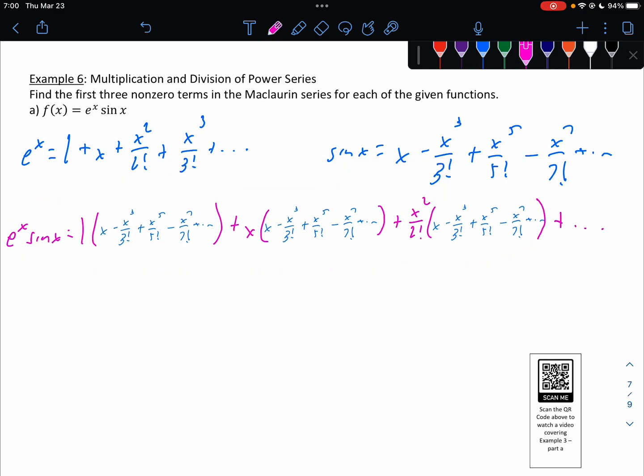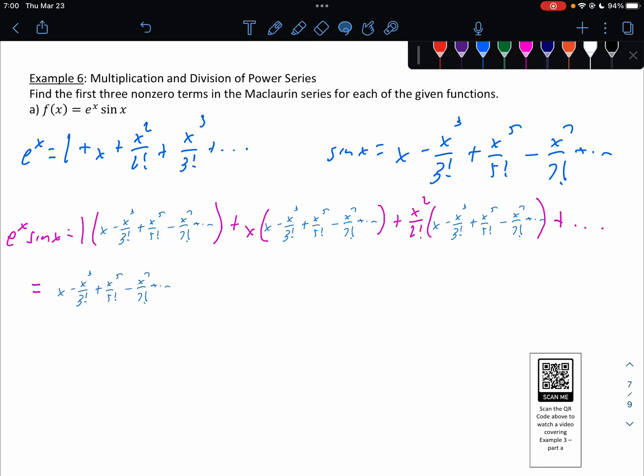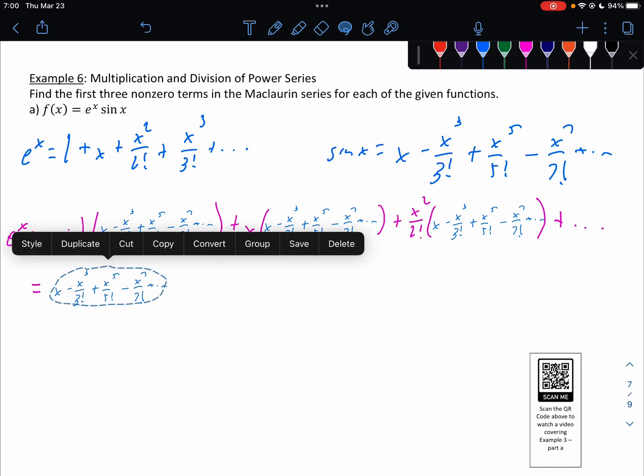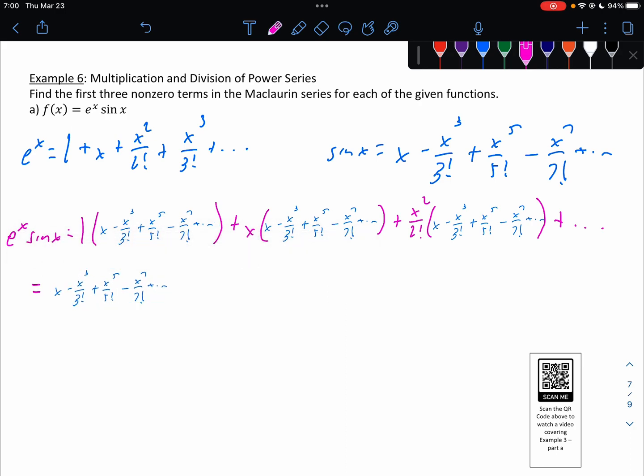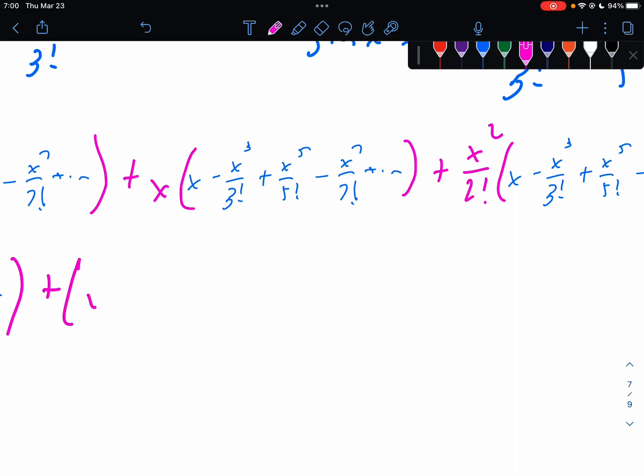Now, if we simplify this down, we would get 1 times this power series, so it would be that, plus x times this power series, so we'll have to write this out here, x squared minus x to the 4th over 3 factorial plus x to the 6th over 5 factorial minus x to the 8th over 7 factorial, which I screwed up, that doesn't change, it's still 5.